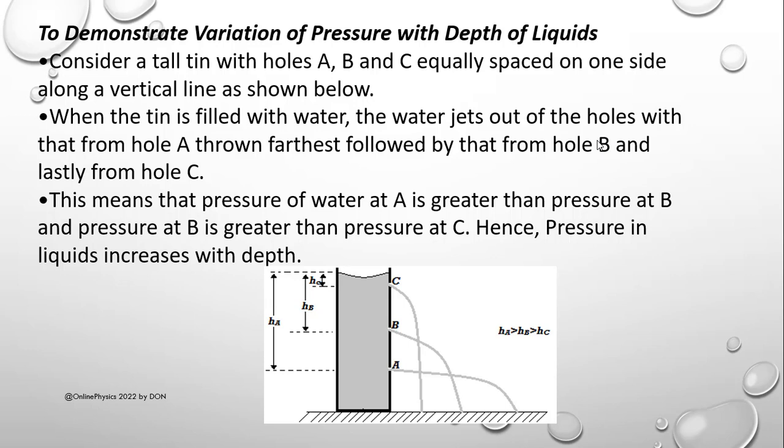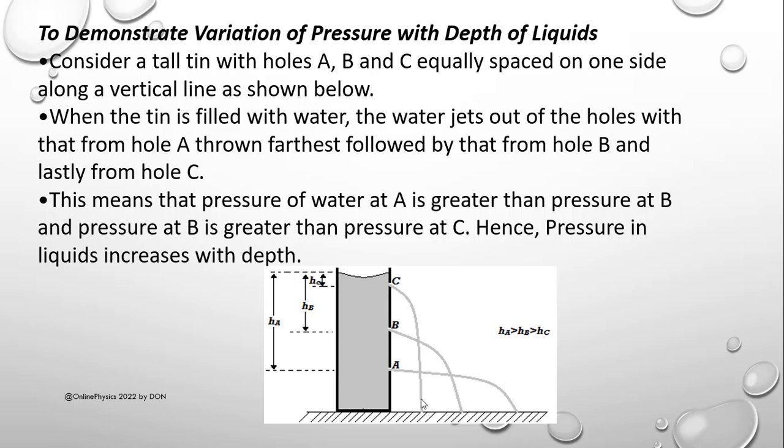When the tin is filled with water, the water jets out of the holes, with that from hole A thrown farthest, followed by that from hole B, and lastly from hole C. So this means that pressure of water at A is greater than the pressure at B, and pressure at B is greater than the pressure at C. Hence, pressure in liquids increases with depth.